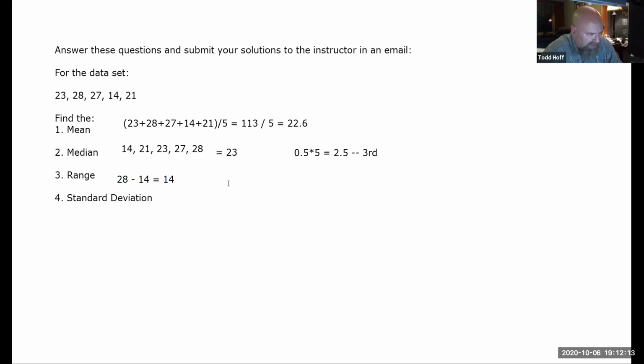Now the standard deviation, I am going to cheat and I am going to use Excel. Let me get my numbers typed in here. Okay, now we'll switch over to Excel.